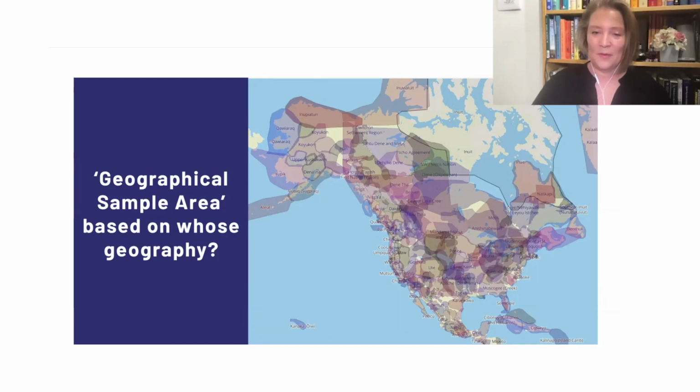So for example, if you live and work in North America and you are using polling data or survey data, that data was sampled probably using colonial project design. So it was sampled along the lines of states or districts or wards or provinces. This map that I'm showing you here on the screen is developed and maintained by a fantastic organization called nativeland.ca.